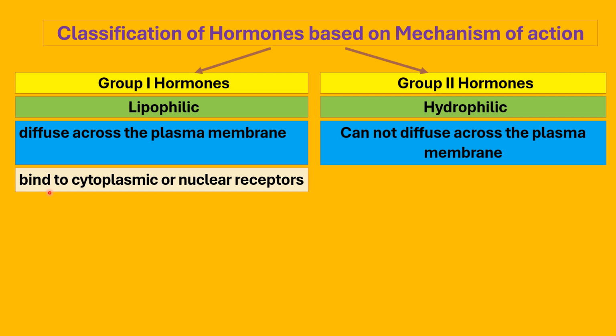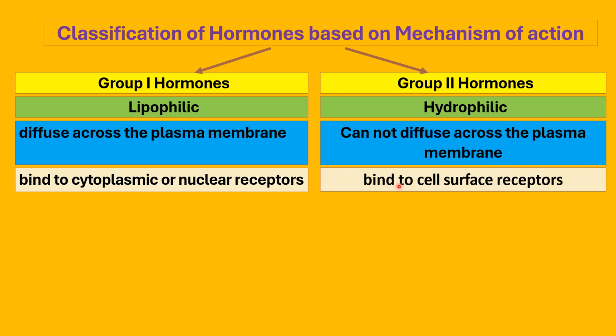So group 1 hormones bind to the cytoplasmic or the nuclear receptors inside the cells, whereas group 2 hormones bind to the cell surface receptors as they do not enter the target cells.